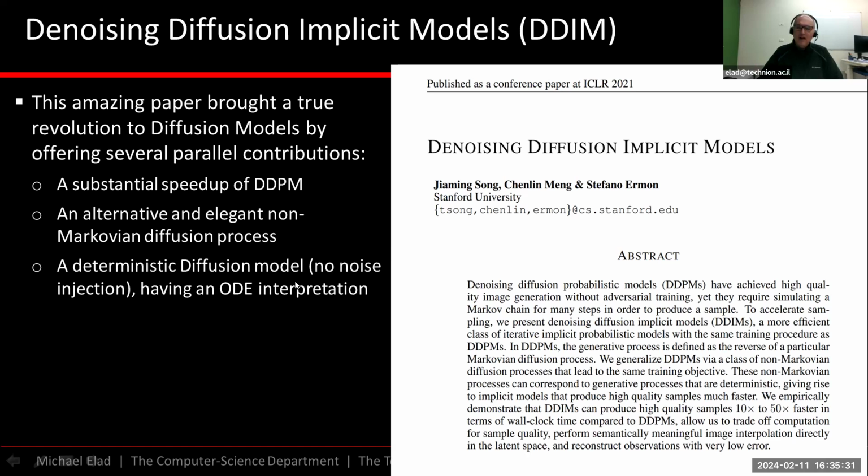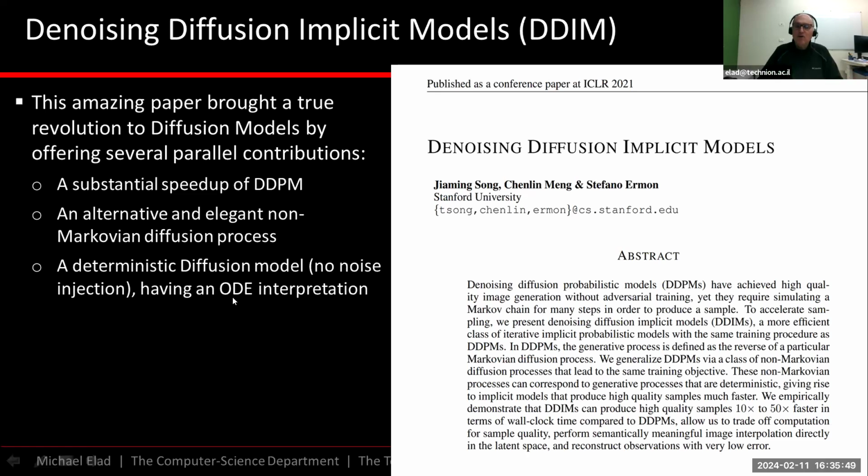What does it mean? I remind you, in DDPM, we kept injecting noise within each iteration. DDIM can work without it. And so all the steps done are deterministic. You start with noise at the very beginning, and then everything else is just deterministic, which creates a new language of that tool.